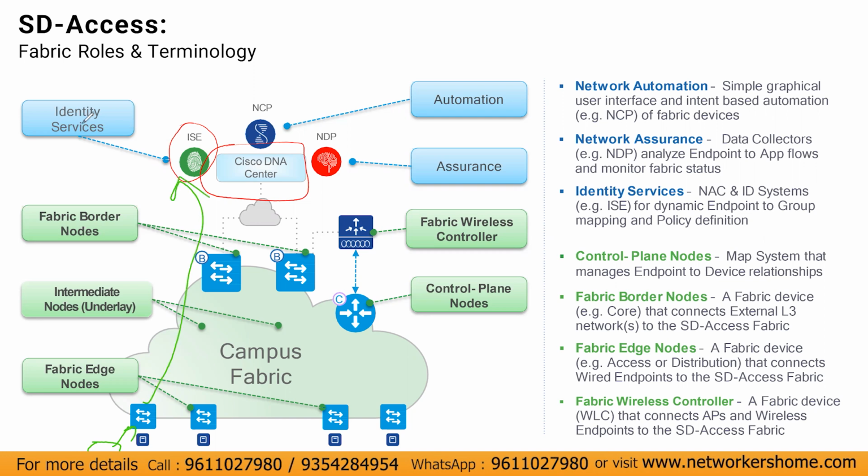Then ICE will look up either with the AD for the credentials, or if it is a MAC address thing, it will look for the MAC address table in its database which we have added, and then it will tell that yes, you are authenticated and you have access to the network. At a later stage, when we have to decide whether this employee can communicate to this contractor or not, this is the time the policy based decision will be made by CTS, but this traffic will actually be dealt by VXLAN.